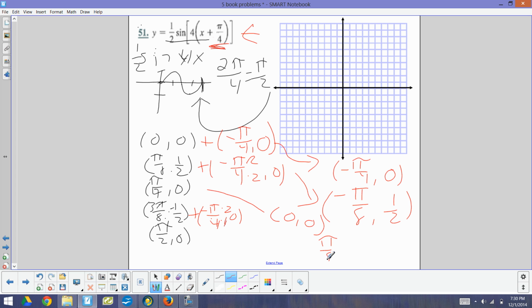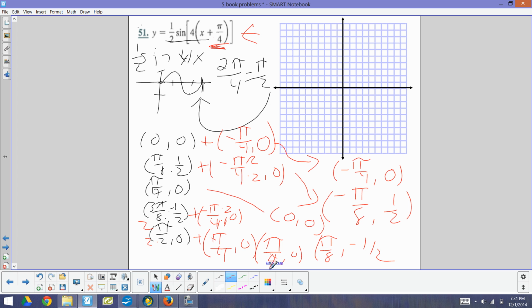So pi over 8, negative 1/2. And then the last one, if I add that same thing, pi over 4, a negative pi over 4, 0, plus pi over 2, common denominator, multiply top and bottom by 2. I have 2 pi over 4 plus a negative pi over 4 gives me pi over 4, comma, 0.